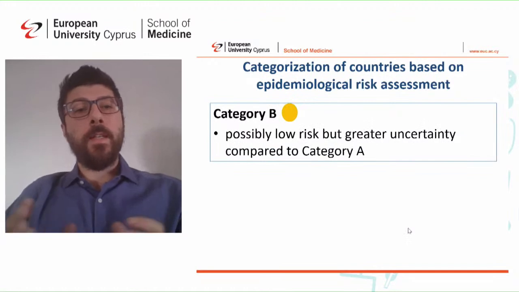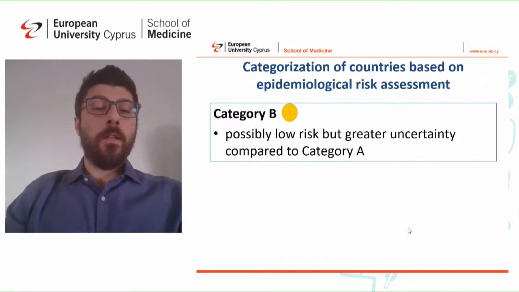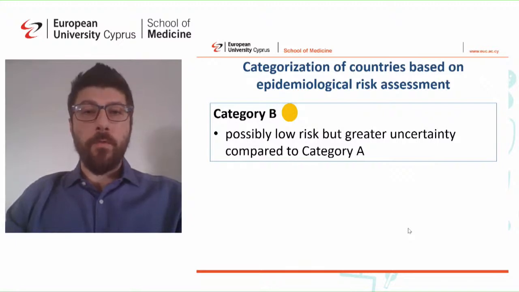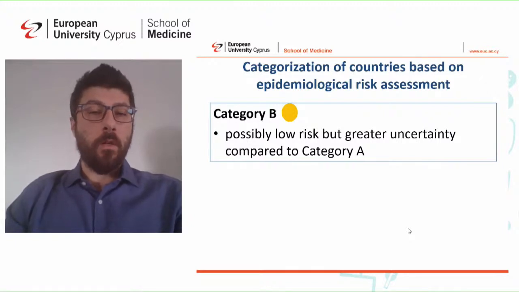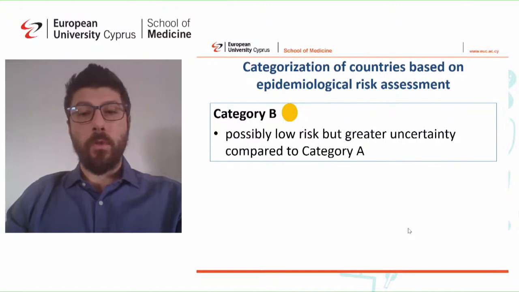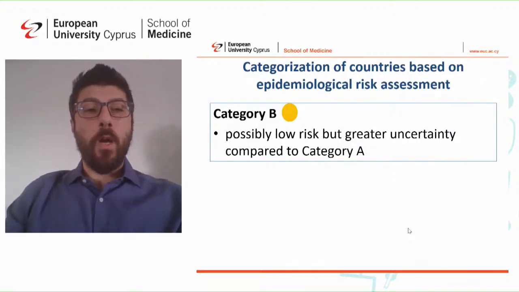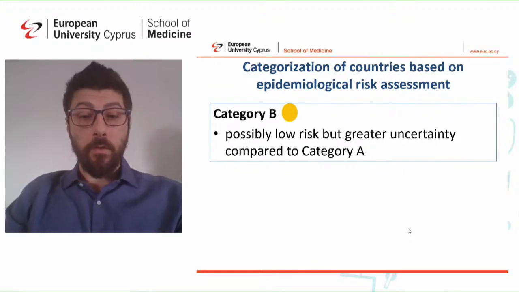Category B is the yellow color, let's say. It's still possibly low risk, but it's a bit uncertain. Maybe some of these indices are beginning to worsen, deteriorate, and therefore some caution is needed for travelers who come to Cyprus from these countries.